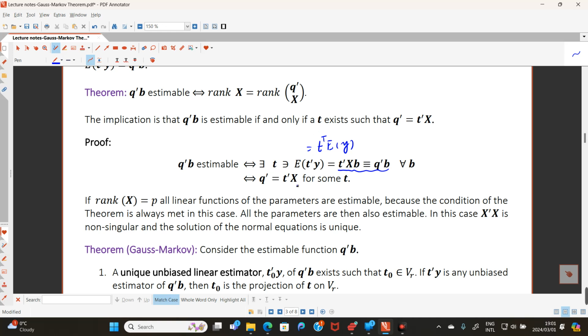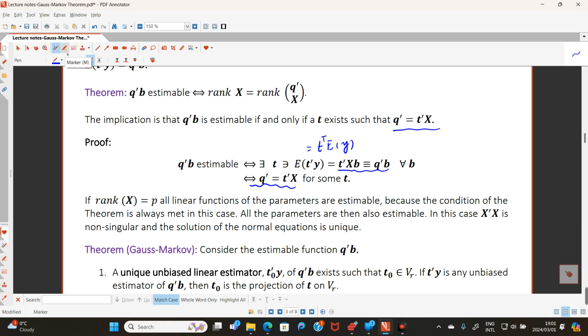Now, what does this say? When Q prime is equal to T prime X, Q prime B is a linear combination of the rows of XB. So look at this implication.